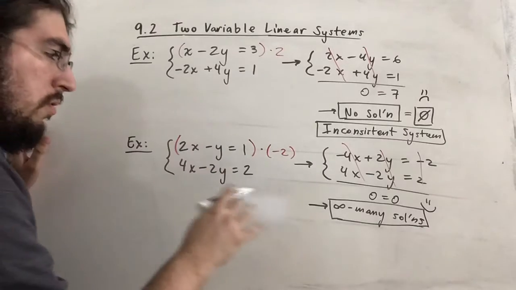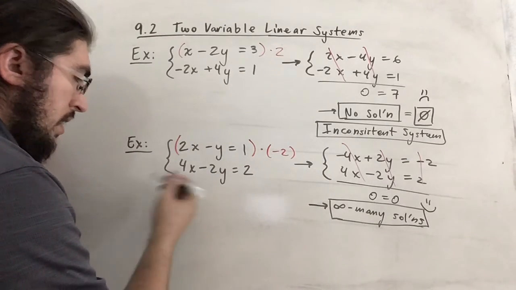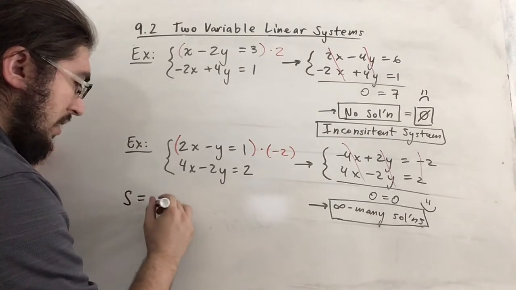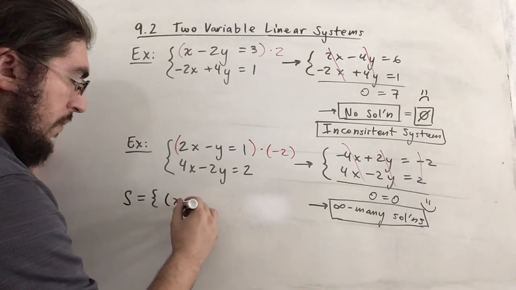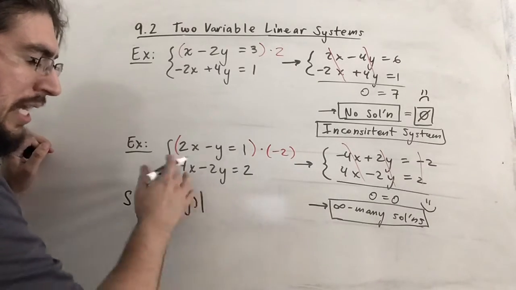And in fact, the way we'll phrase that is we'll say that our solution set, I'll call it S for solutions, is the set of all ordered pairs x, y such that it satisfies one of these.